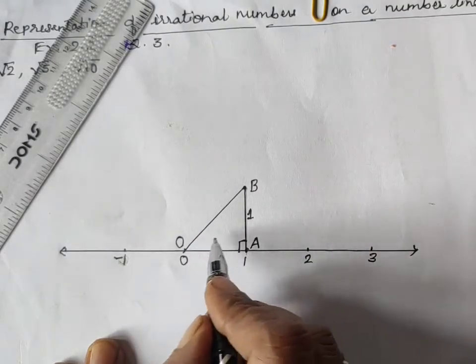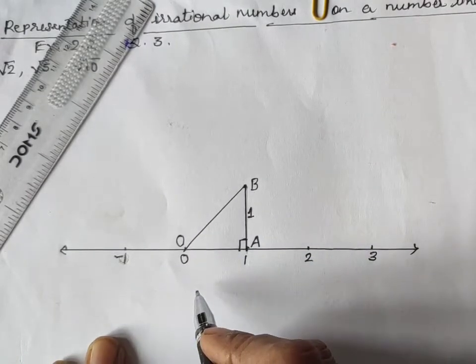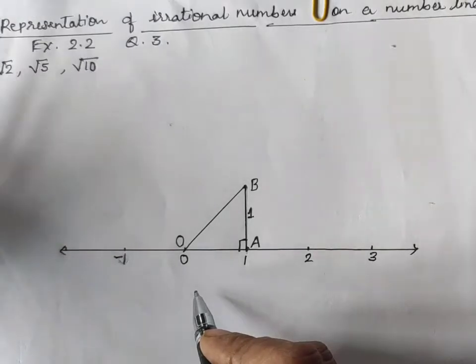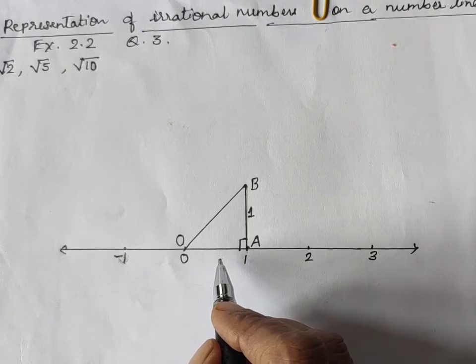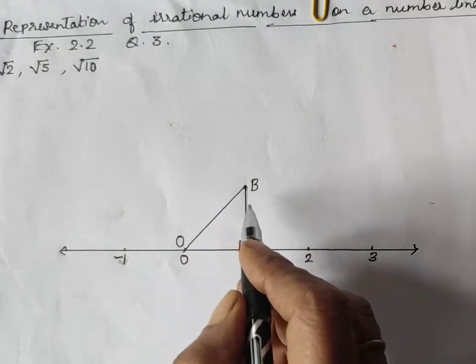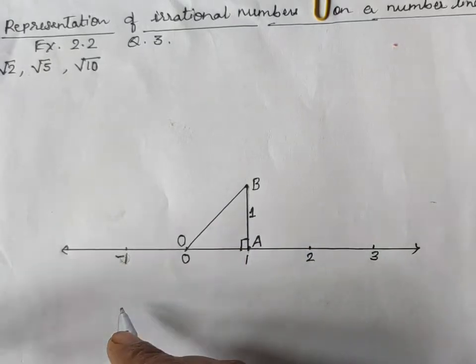Now children, as you can see here, which type of triangle is this? This is a right angle triangle. As soon as we get a right angle triangle, what strikes me is that here I will consider the Pythagoras theorem.